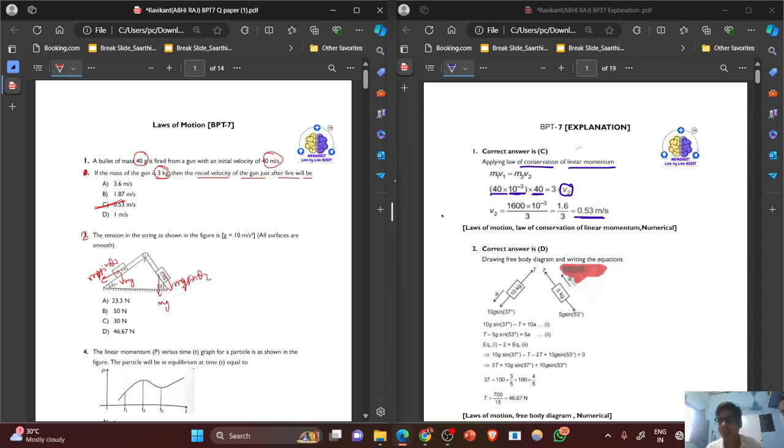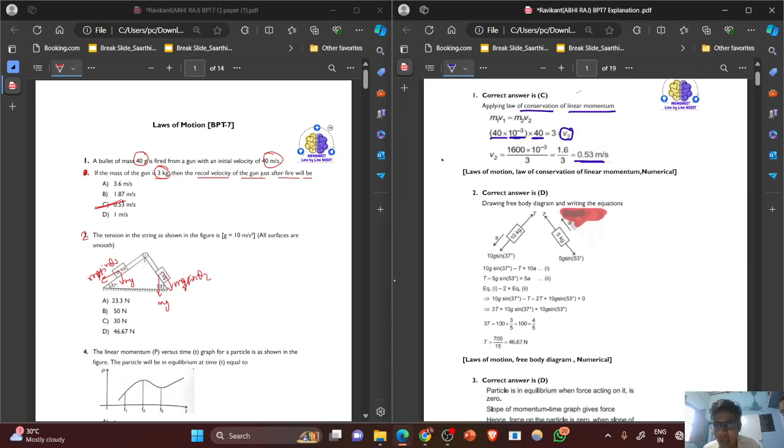As you can see, the forces are not balanced, so there will be a little bit of acceleration, due to which there will be tension in the string. So we can easily solve this question using Newton's second law. Now looking at the solution, making the FBD of the 10 kg block, this is the FBD of your 10 kg block, and this is the FBD of your 5 kg block.